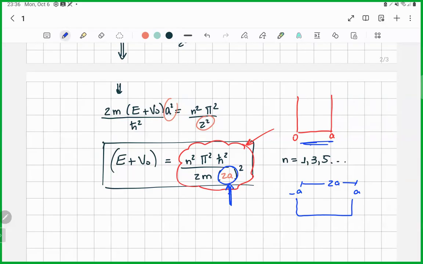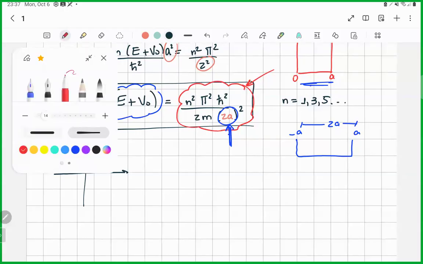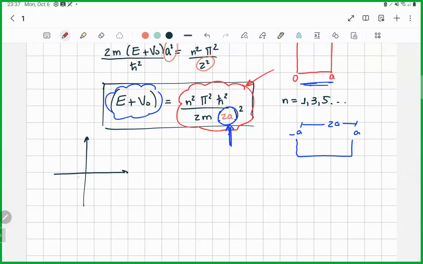And we are writing the energy as E plus V naught, because look, if you go back to the infinite square well, let me make a sketch here. The infinite square well was between, it was an infinite wall at 0.